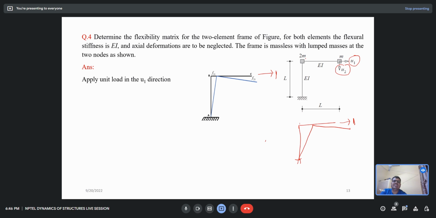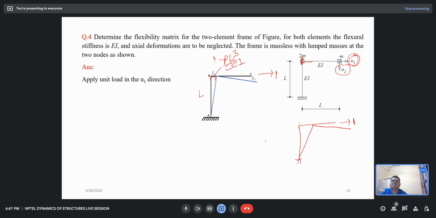Whatever the displacement at this point is u1, and for u2 I have to calculate the displacement here. What will be the displacement in the cantilever part? This has length L. For the cantilever, for the applied load P, my deflection will be PL cube over 3I.